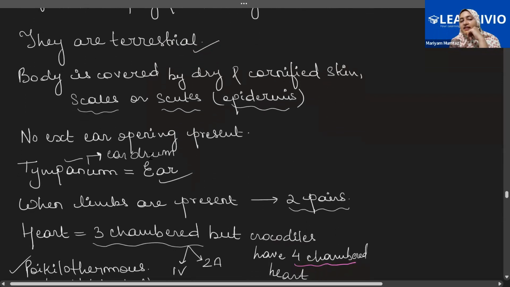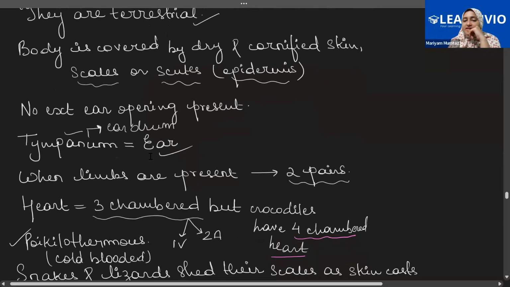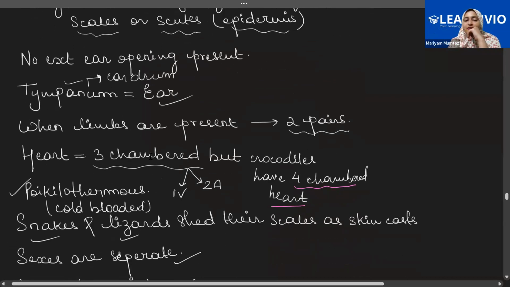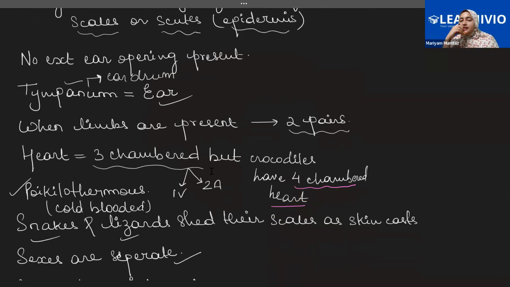They don't have any external ear opening. They have tympanum, which represents the ear. If they have limbs present, they have two pairs of limbs. Heart is again three-chambered. All of the reptiles have a three-chambered heart except crocodiles.